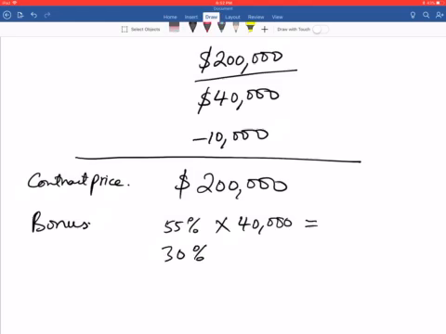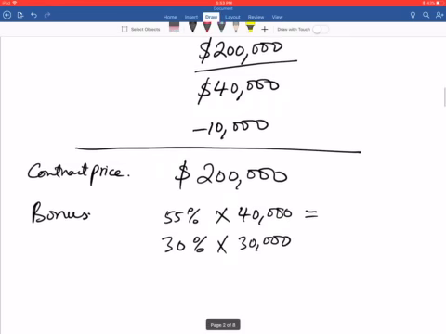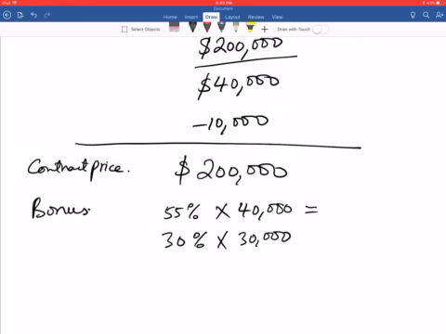Remember, all these probabilities have to equal 100%. So there's a 30% probability that it'll be 1 week late, so it's going to be 30,000 because 10,000 is taken off from 40. And then what's remaining is a 15% probability that it will be 2 weeks late. So 2 weeks late means it's going to go down to 20.